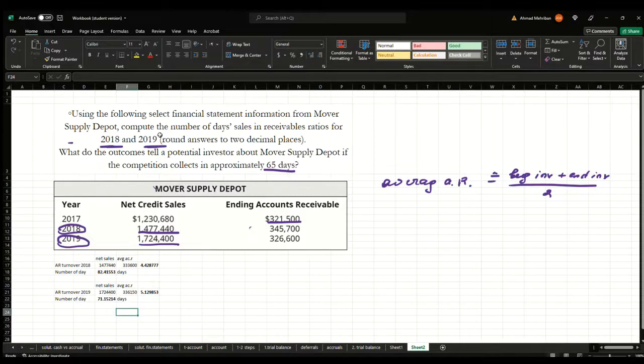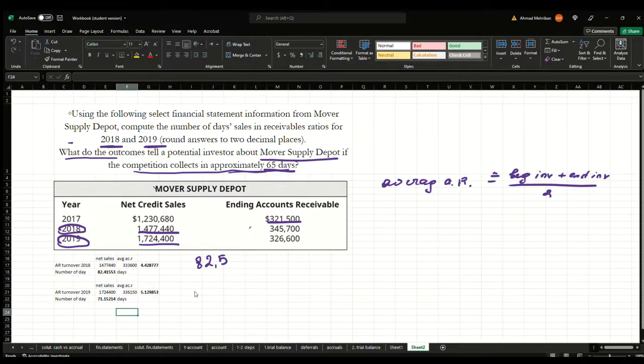So what does it say about this specific company in comparison with the competition? That was our second question. What does the outcome say about Mover Supply Depot if the competition collects in 65 days? What we found out is that in 2018 they collected in approximately 82.5 days.